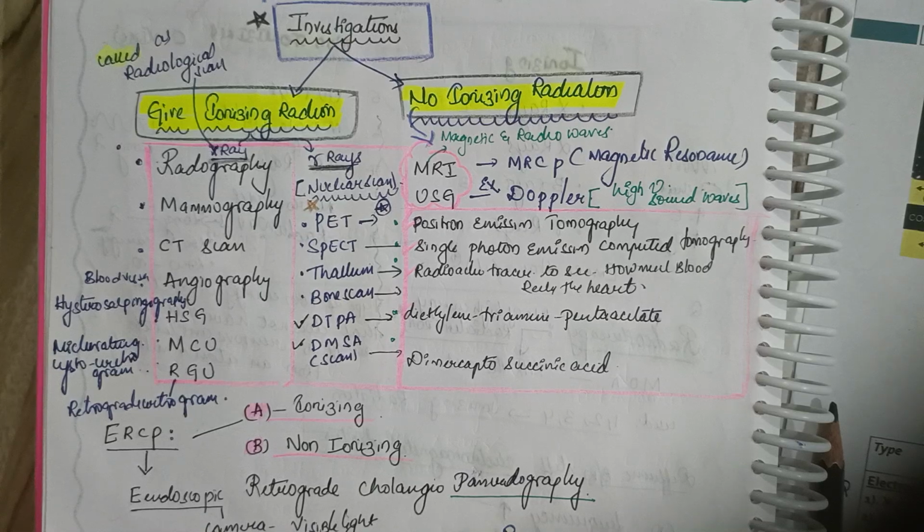release the ionizing radiation where X-rays are used, and in what investigations the gamma rays act as ionizing radiations. The examples under the X-rays are radiography, mammography, CT scan, angiogram, HSG, that is hysterosalpingography, MCU, micturating cystourethrogram, then you have RGU, retrograde urethrogram.